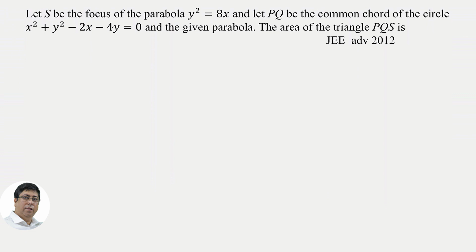How to solve the sum? This is the area of the triangle PQS. So let's solve it. First of all, S is the focus of the parabola y² = 8x and PQ is the common chord of the circle. So let's draw one diagram, and in this case we are seeing that the circle is passing through the point (0, 0).